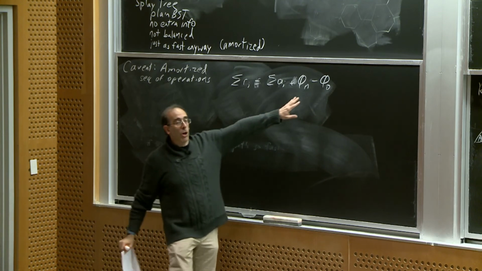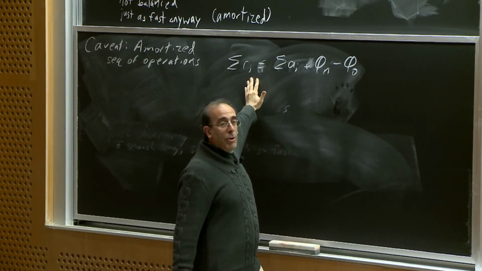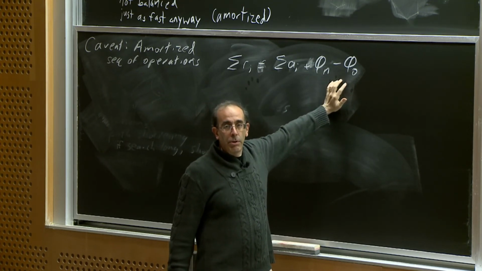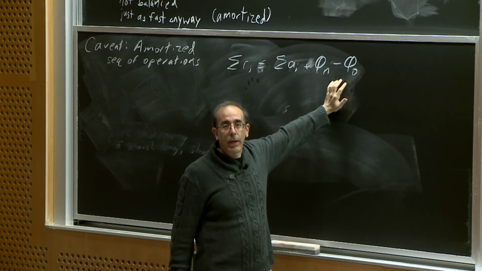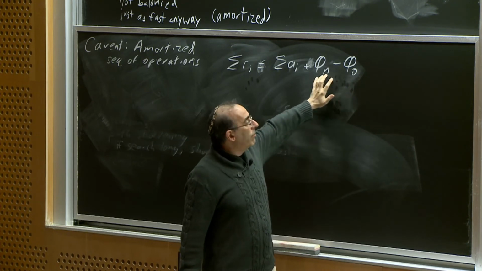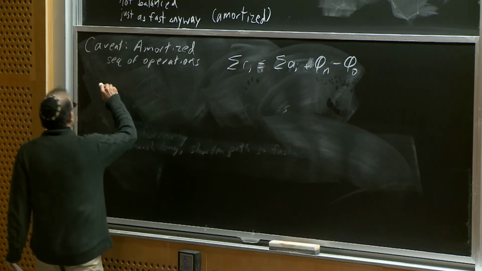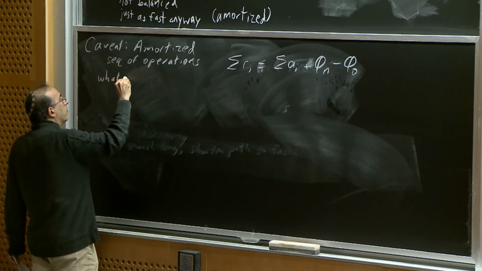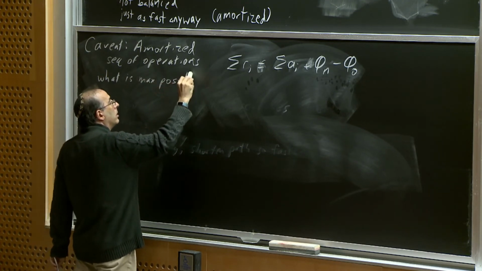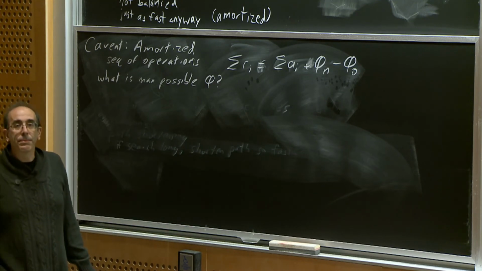There is this additive term. And if we only do one operation, the real cost might include this whole additive term, and it might be very large. Okay? But let's think about what phi n and phi 0 can be. What is the largest possible phi, given my definition?